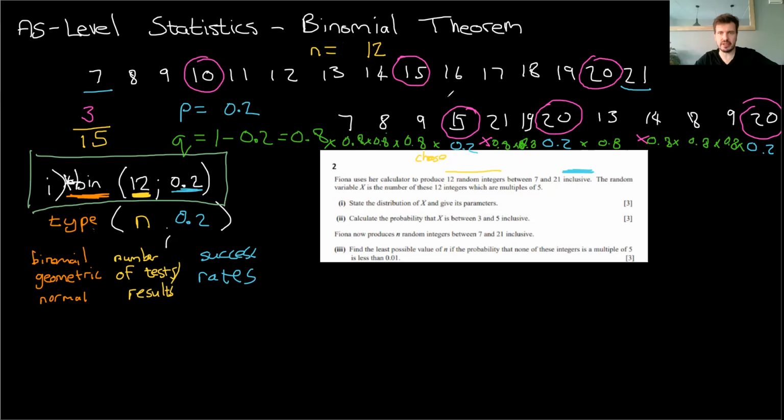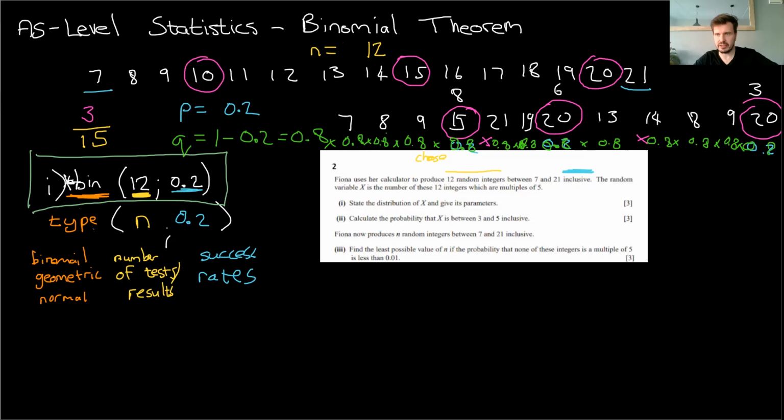So say this was like an 8 as well, and this 20 was a 6, and this 20 was a 3. Then the probability of an 8 would now actually be the unsuccessful, which is 0.8, not a 0.2.